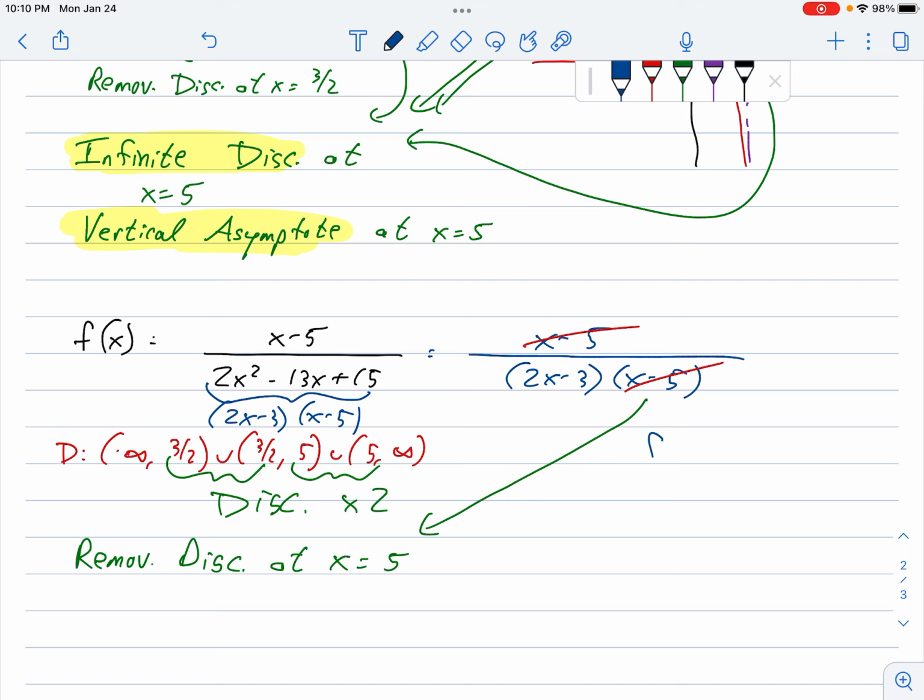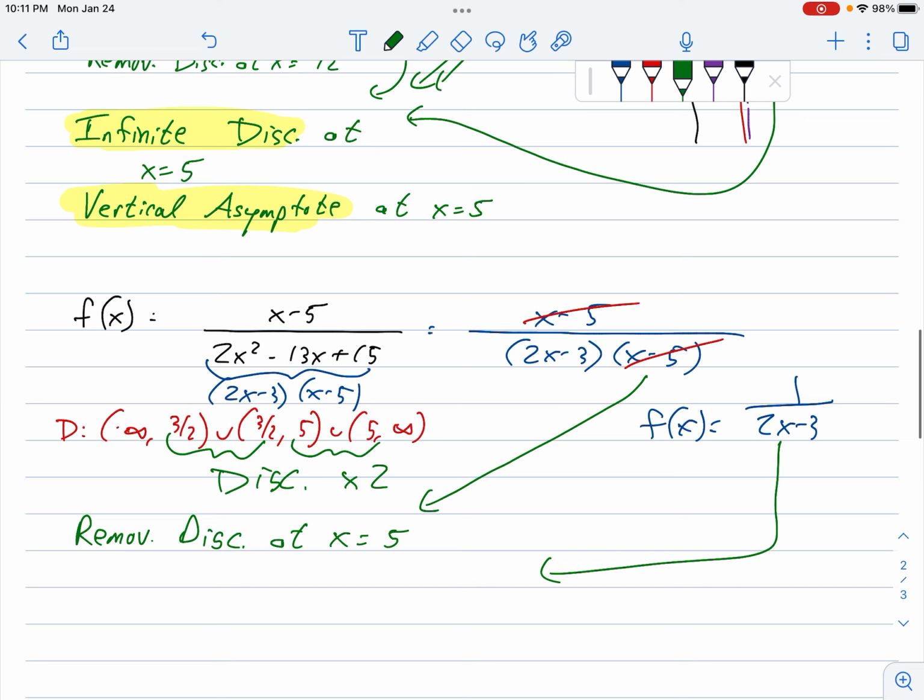Now this will simplify or reduce to my 2x minus 3, but it's under 1. So I have a 2x minus 3 as my denominator that's under 1. That can't be reduced or gotten rid of, so we call that an infinite discontinuity at x equals 3 over 2.